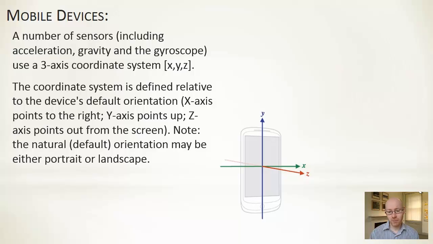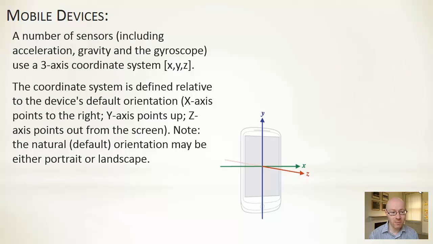But for mobile devices, and actually for a wide range of other devices, they use a sort of a left-handed coordinate system where if you're holding the device in its default orientation, so holding the device the way it was designed to be held, then positive X points out to the right, negative X points to the left, positive Y points up the device, negative Y points down the device.